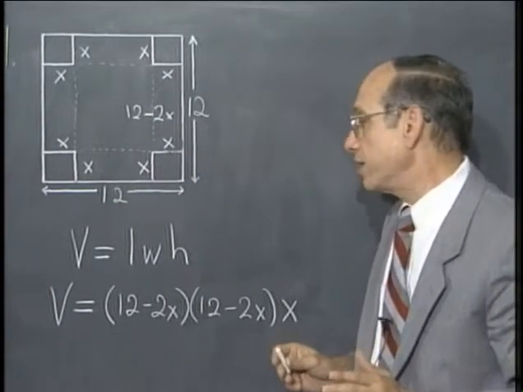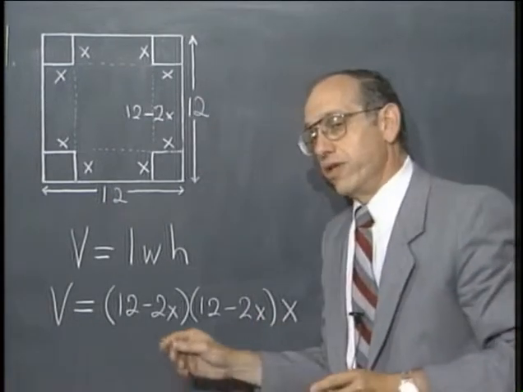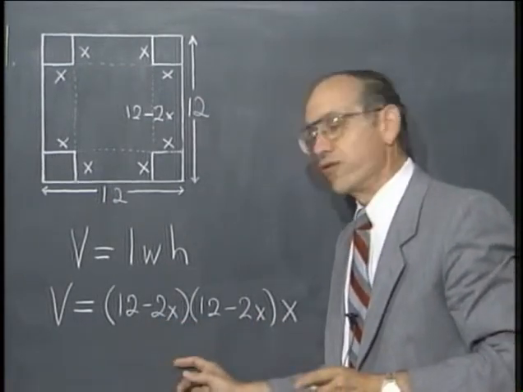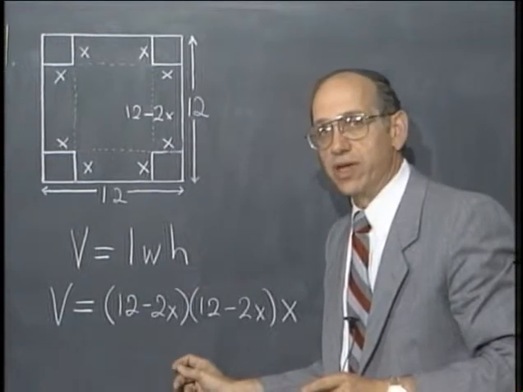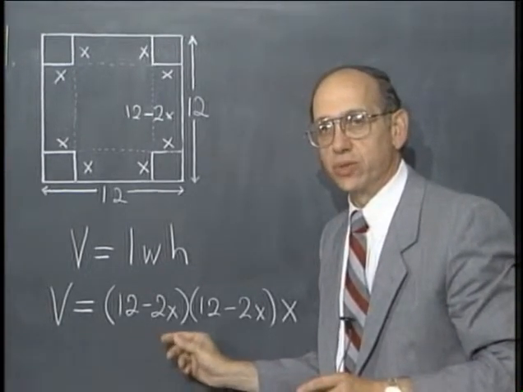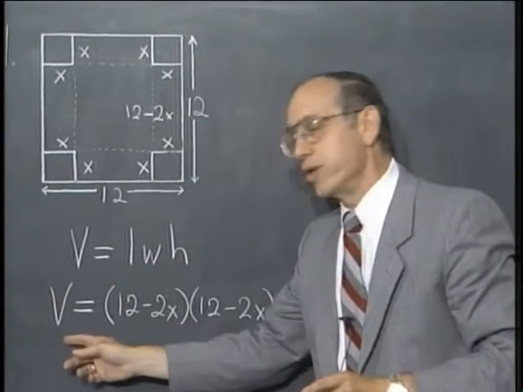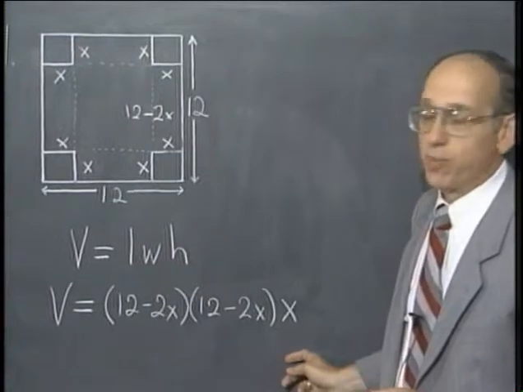In order to do that, I'm going to now use calculus, because we know that one good place to look for the maximum value of something is at a critical point, a place where the derivative of the function is equal to 0. Before I take the derivative, I'm going to multiply this out and get a polynomial.